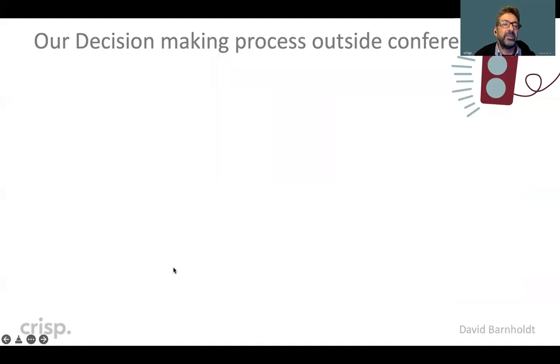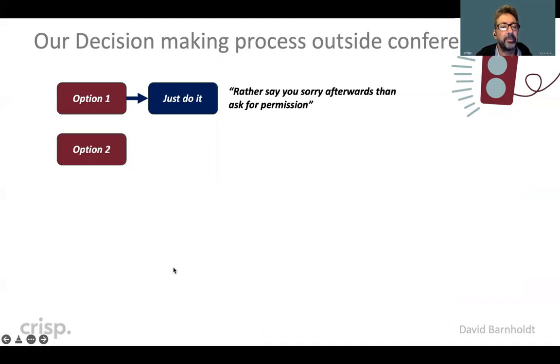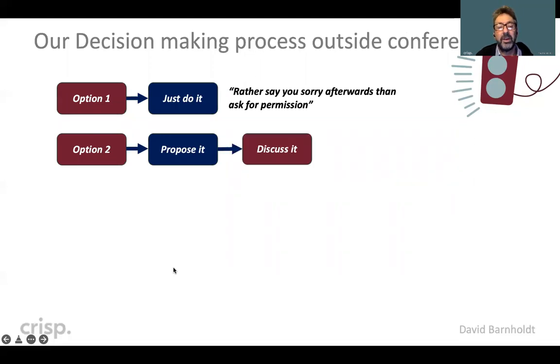Outside conferences, our decision process is something like this. Option 1 is just do whatever you want to. Don't ask for permission. Don't try to have a common decision. We have a principle that you rather say you're sorry afterwards than ask for permission. Option 2 is propose whatever it is to the Crispians, discuss it and decide.